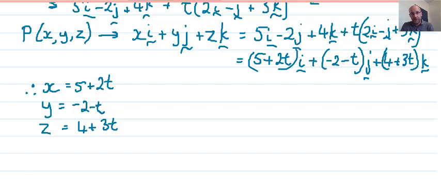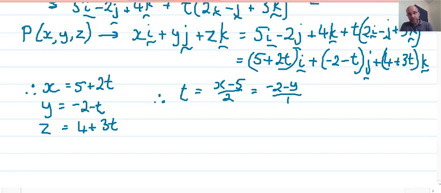So to find t, in the first equation we have t equals x minus 5 over 2. On the second equation, t equals -2 minus y, which is over 1. And for the third equation with z, we've got z take 4 over 3.